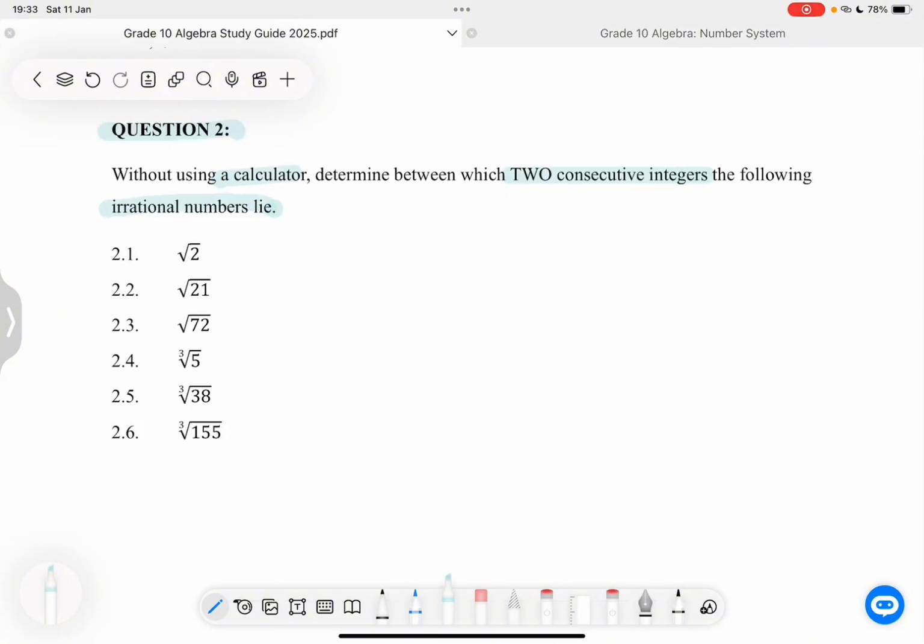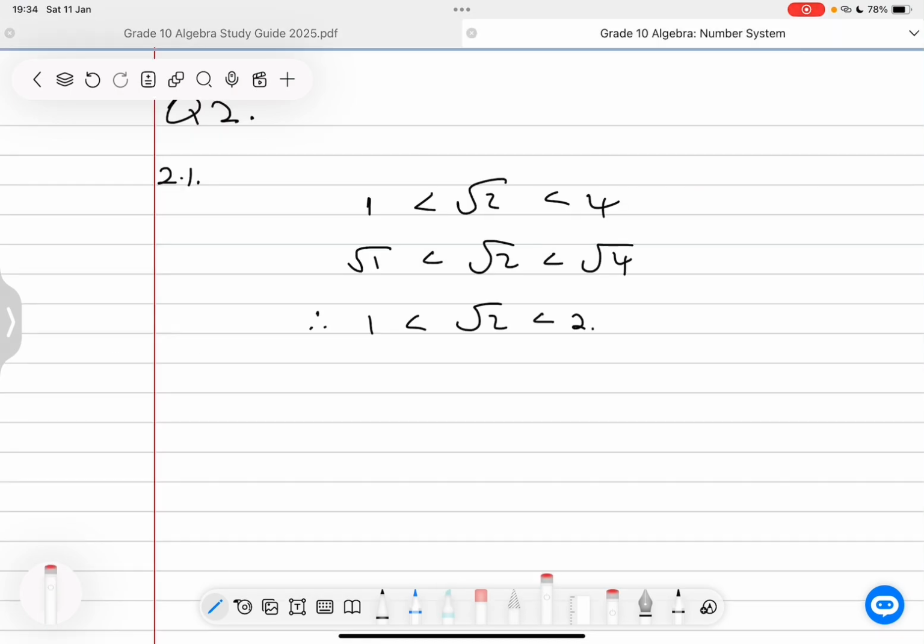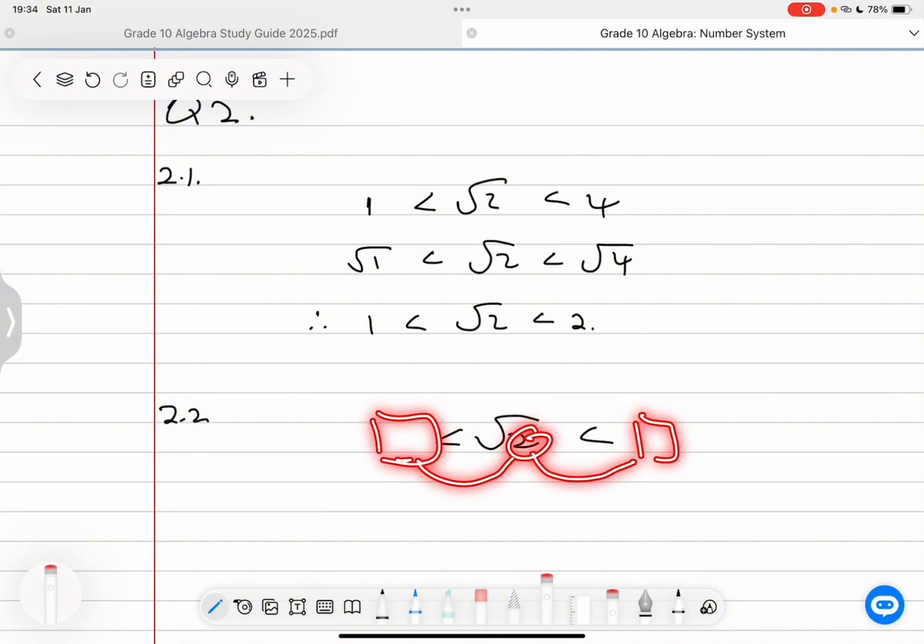Question 2.2, we are looking at two consecutive integers between which the square root of 21 lies. Again, I'm going to find two perfect squares, one that is less than 21 and the other one that is bigger than 21.